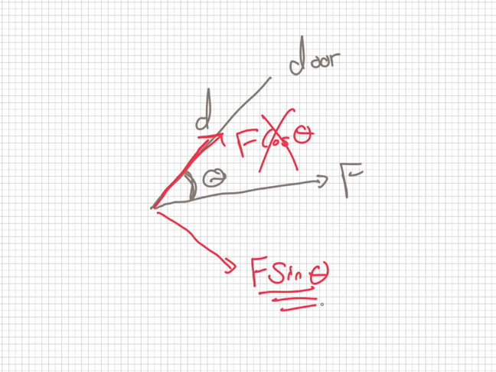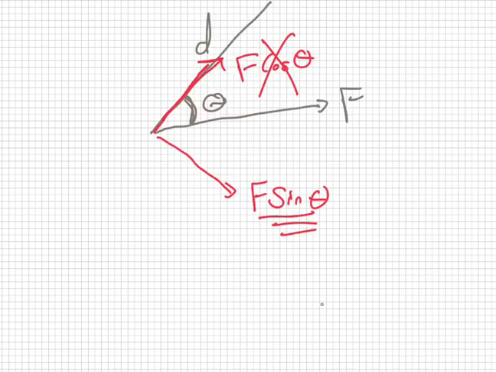Like if I push here, it's not turning because the force is going to the hinge. You only care about the force that's in this direction because that's the one that makes it turn. That force there, the F cos theta, does nothing. Only the F sine theta is actually doing something.